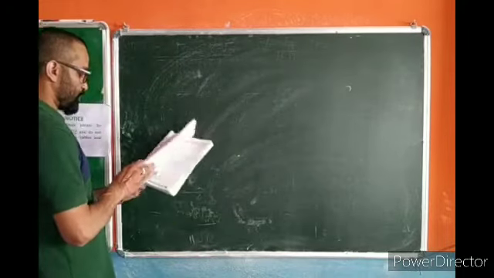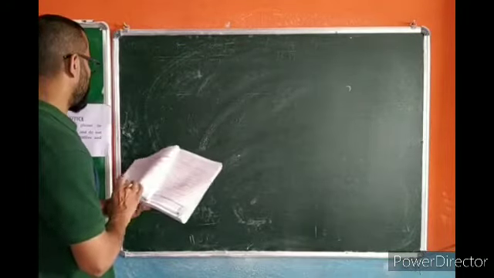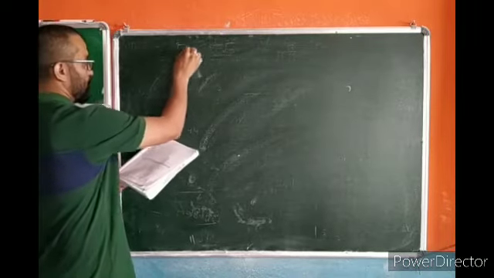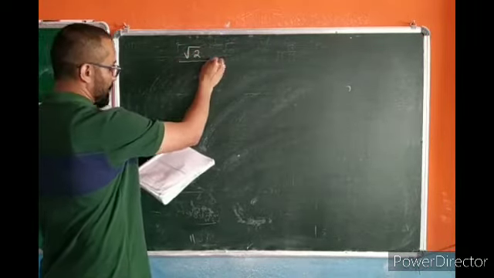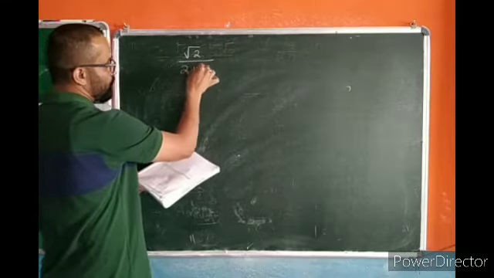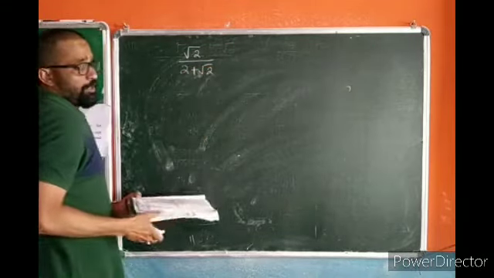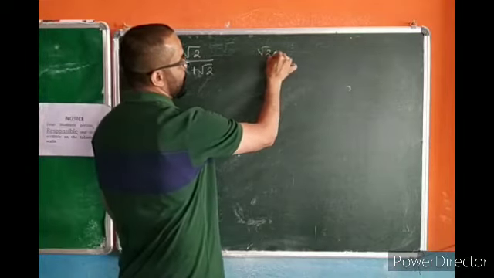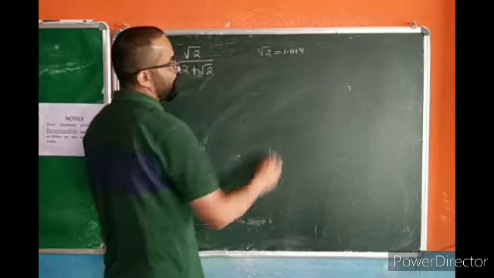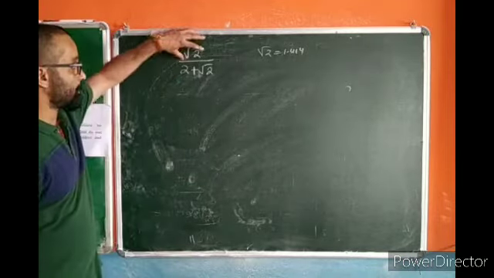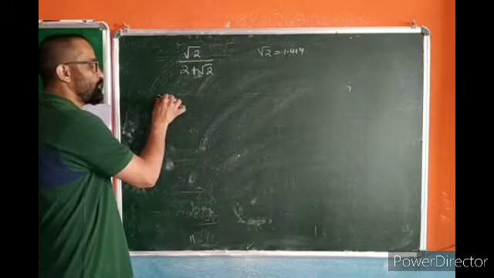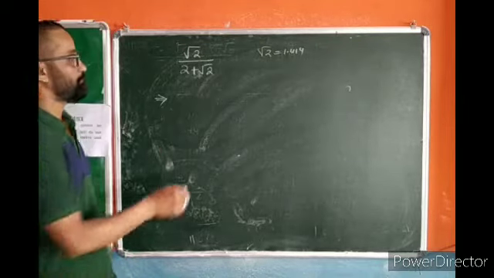So I'll be doing question number 6, part 1. It says root 2 divided by 2 plus root 2. Although the value of root 2 is given in the question, 1.414, you cannot directly substitute here and calculate. You have to use rationalization.